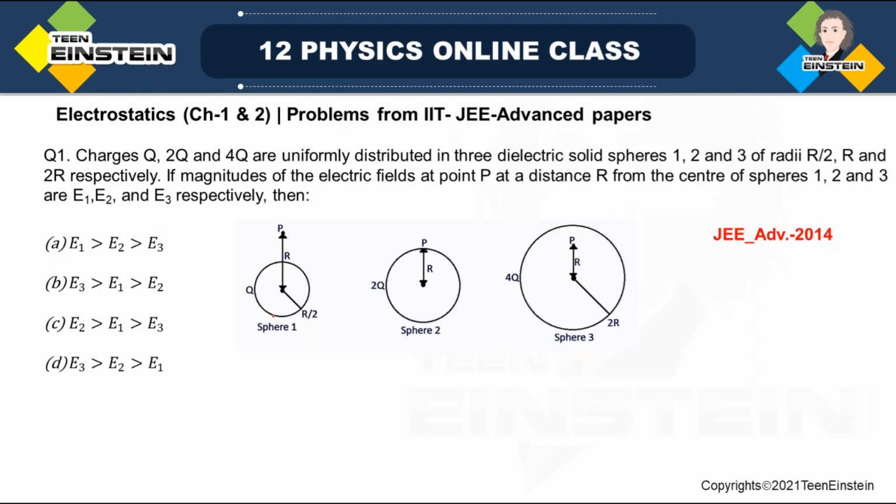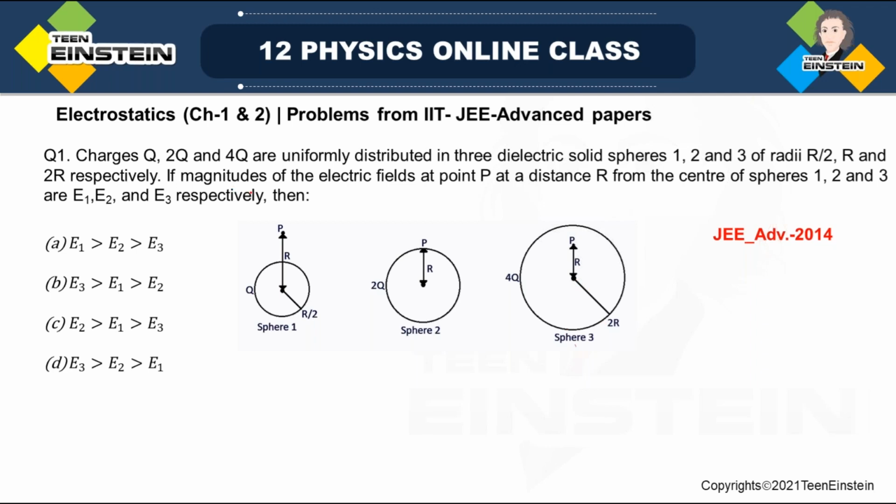This is the first sphere, sphere 1, which has radius r by 2, and charge Q is distributed over this sphere uniformly. The second sphere is this one, having radius r. 2Q charge is distributed all over the sphere, and this is sphere 3. 4Q charge is distributed all over the sphere, and this has radius 2r.